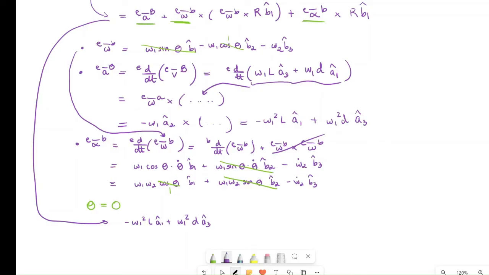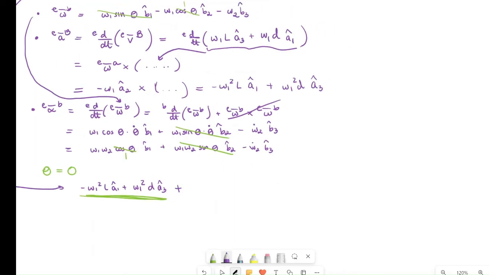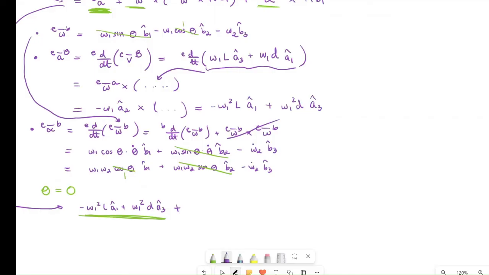So that is this term. This term is equal to this, and then I have plus. Okay, now I have omega b cross r. So that's going to be, in my simplified expression, negative omega 1 b2 hat minus omega 2 b3 hat, crossed with negative omega 1 b2 hat minus omega 2 b3 hat crossed with r b1 hat.